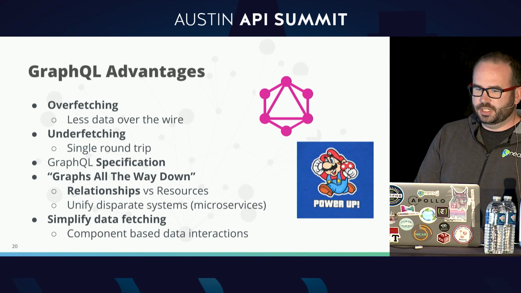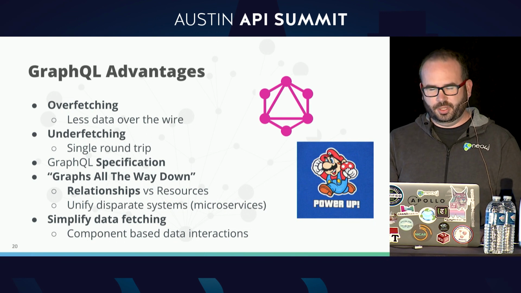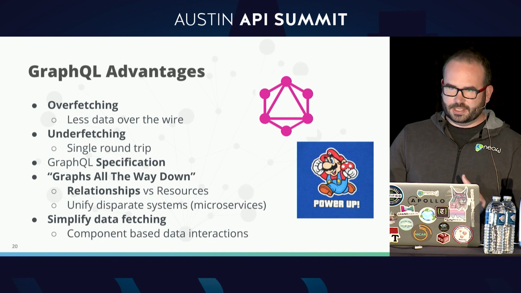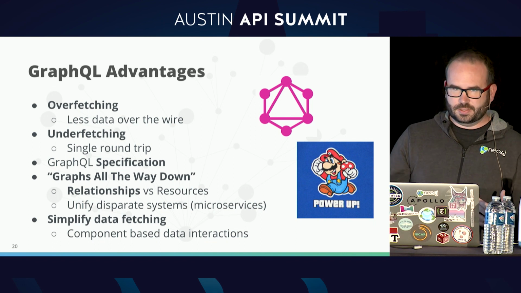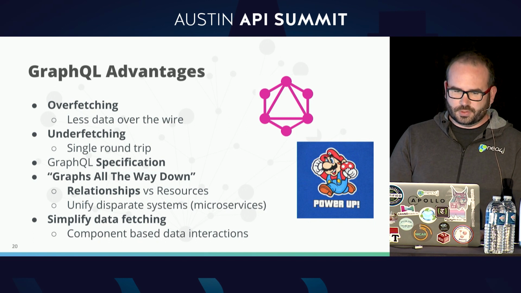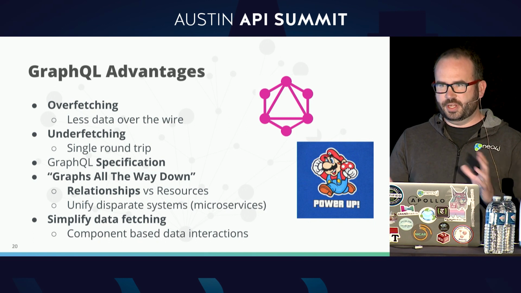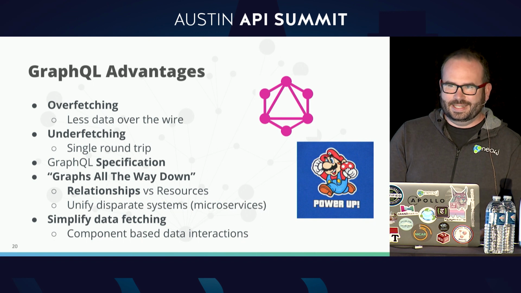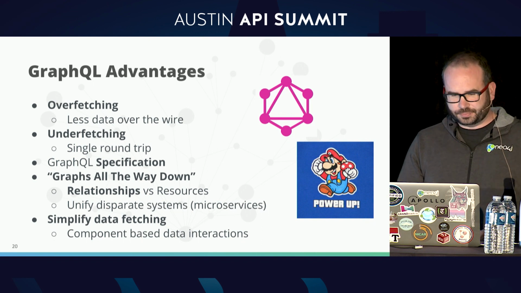Well, when we're fetching data from our API, we don't need to grab the full text of the blog, all of the images, all of this. No, we just need to grab a description and title field. So this is solving the problem of overfetching. It means that we're basically sending less data over the wire.